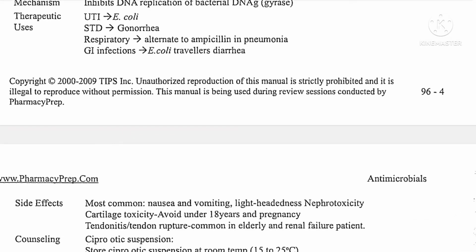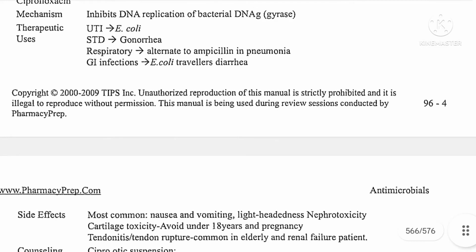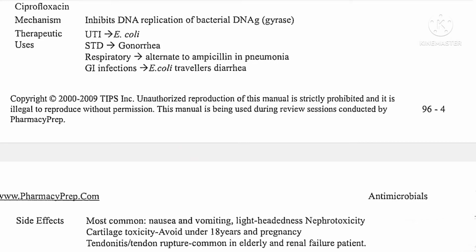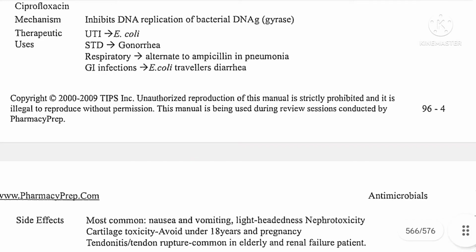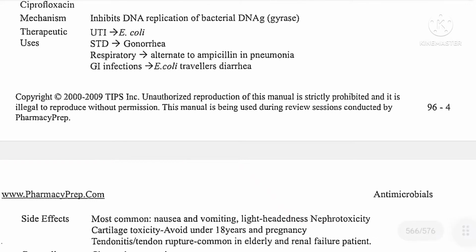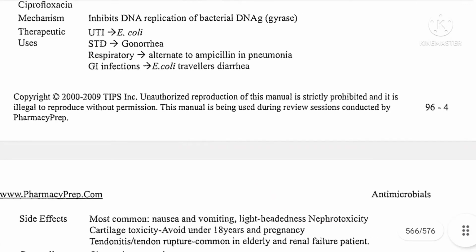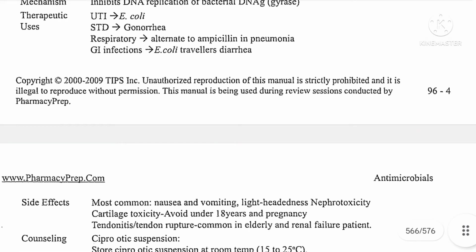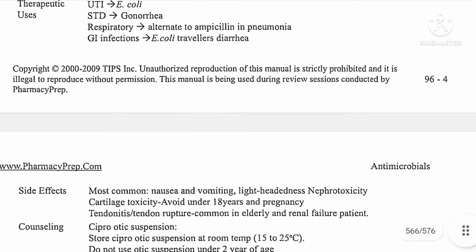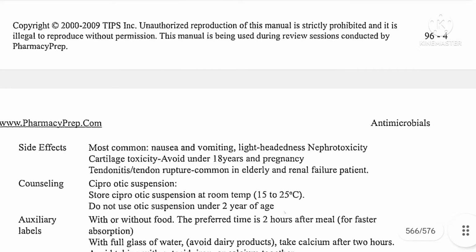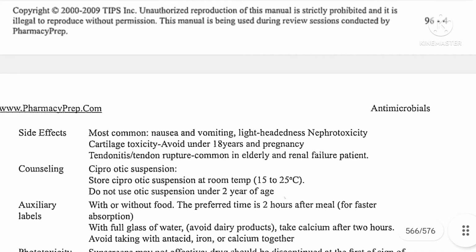To summarize, it is used in sexually transmitted diseases and respiratory infections if the patient is resistant to ampicillin in pneumonia, and it has a spectrum of activity against E. coli, including E. coli induced travelers' diarrhea. Its most common side effects are nausea and vomiting, lightheadedness, nephrotoxicity, and cartilage toxicity.